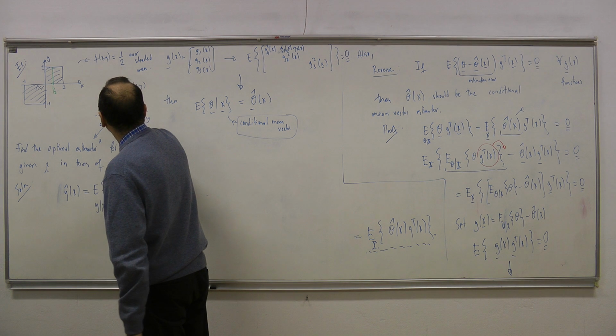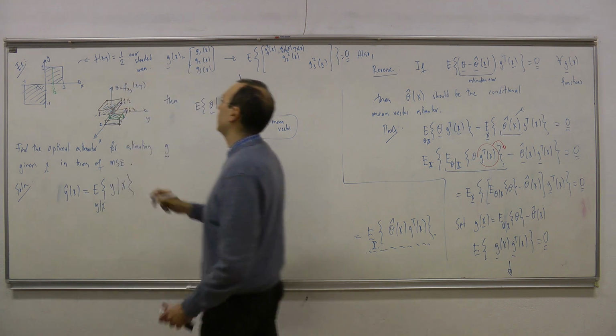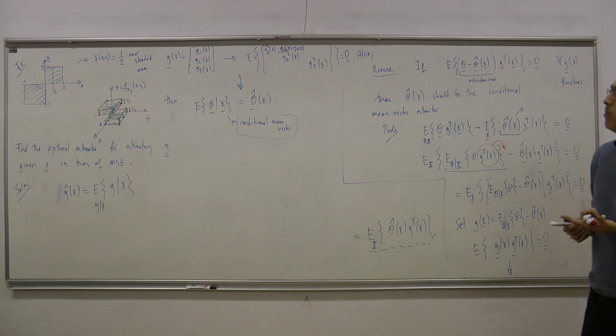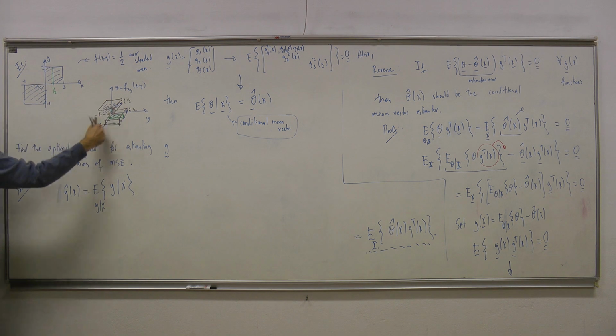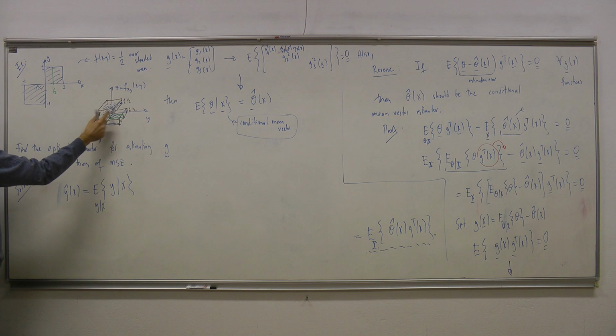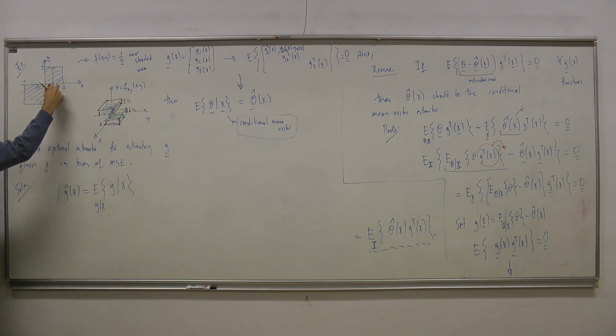When x is 1/2, I see this slice of this distribution. The conditional probability is joint probability divided by marginal probability. But joint probability is always constant, so the conditional probability will be just a uniform distribution between 0 and 1 for y.